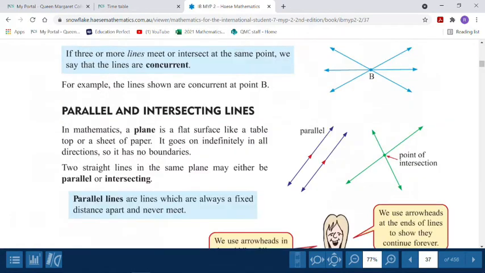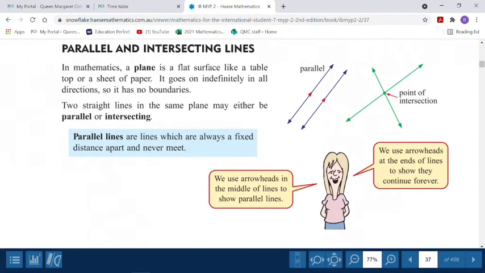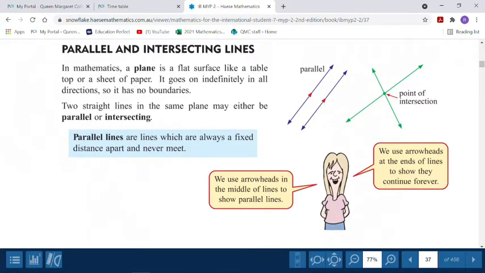Parallel lines are lines which are at a fixed distance apart and never meet. Now, you can use that definition. I like to say that parallel lines are the same distance and never touch.